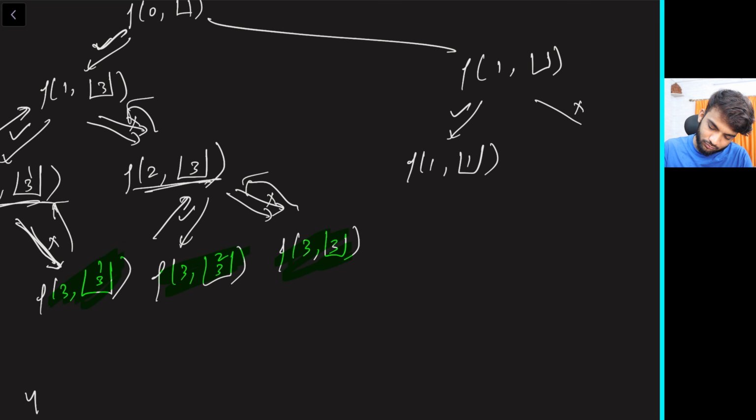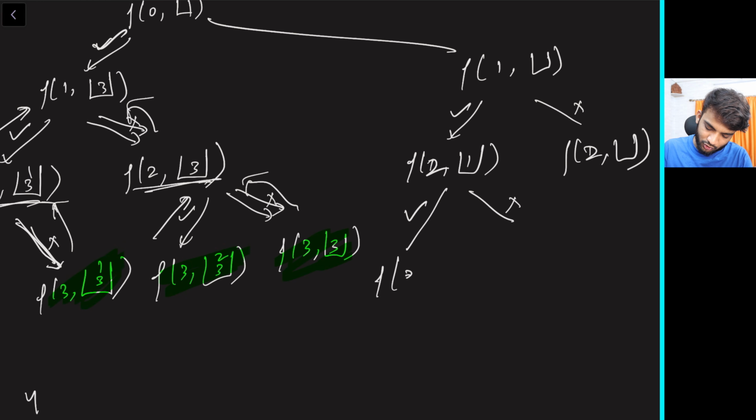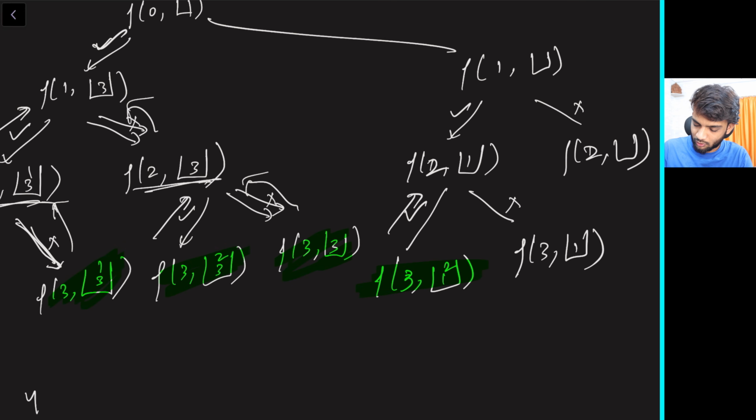And if you decide to not take, it'll be f of 2 comma not take. Again, if you decide to take and not take, it'll be f of 3 comma 1 2, and this will be f of 3 comma 1. So this is the next printing, comes back, next printing, comes back.